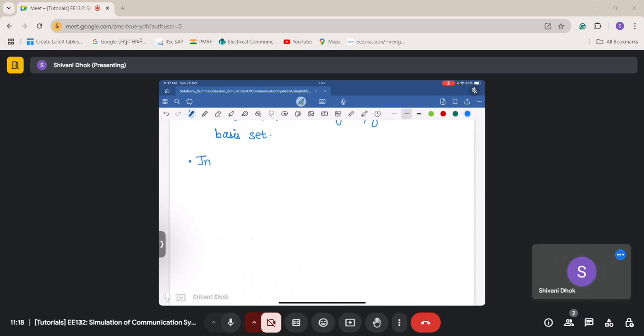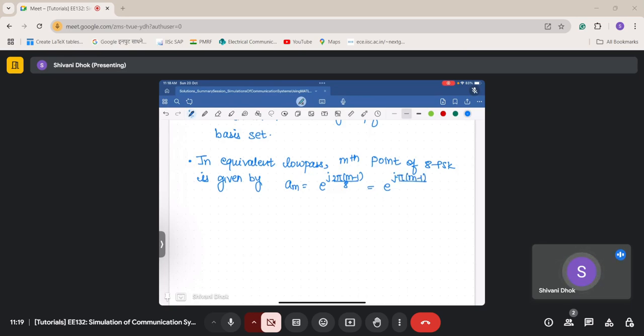Okay. So now in equivalent low pass, the mth signal or mth point of 8PSK is given by A m equal to e power j 2 pi (m minus 1) by 8, which is equal to e power j pi (m minus 1) by 4.